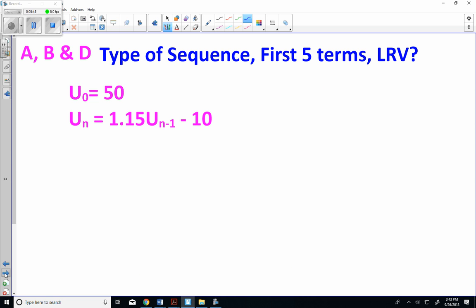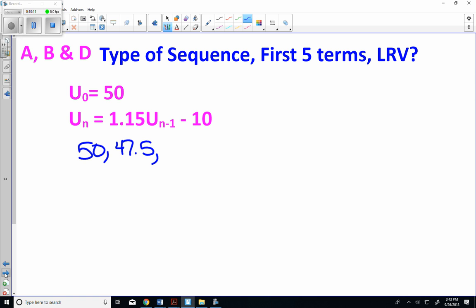All right, next problem. Type of sequence, the first 5 terms, and the long run value. So here we have u sub n equals 1.15 times u sub n minus 1 minus 10. Our first term is 50. If you take that times 1.15 and subtract 10, you will get 47.5.